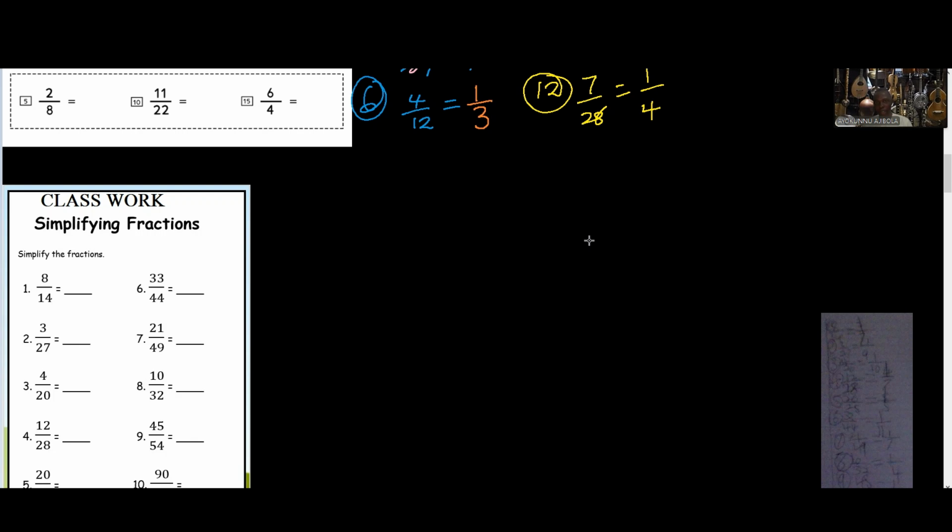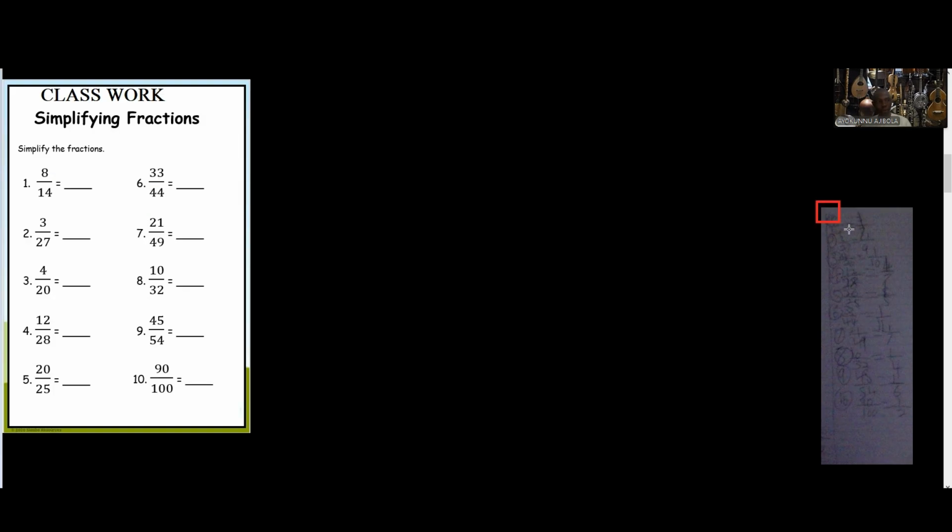Now, for the classwork I gave you, which I was talking about that your answers seem to be incorrect. So for number 1, you said you got 1 over 7. Let's see what we have there. For number 1, which is 8 over 14, the number that can factor them is 2.